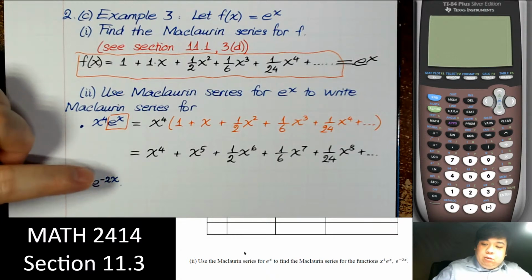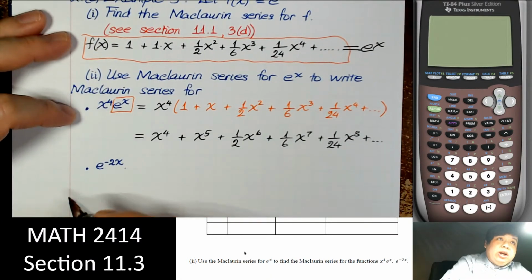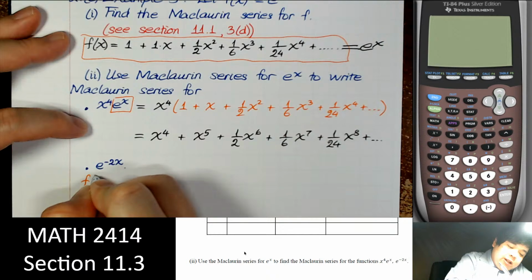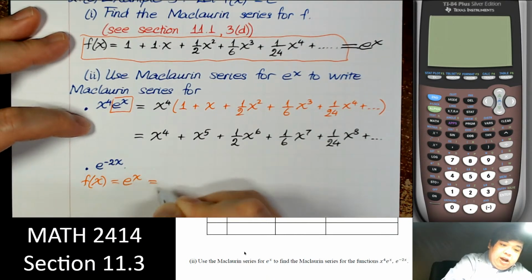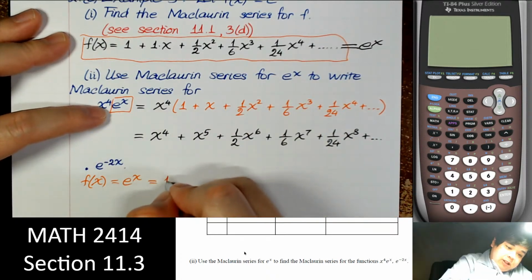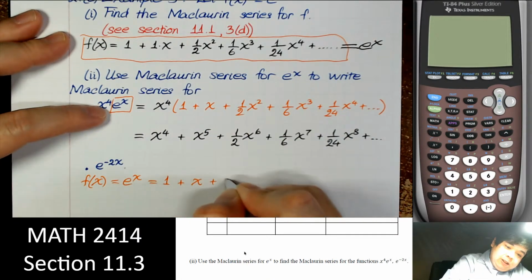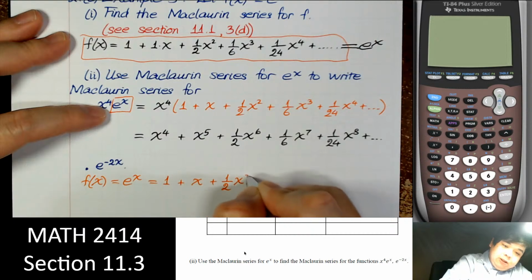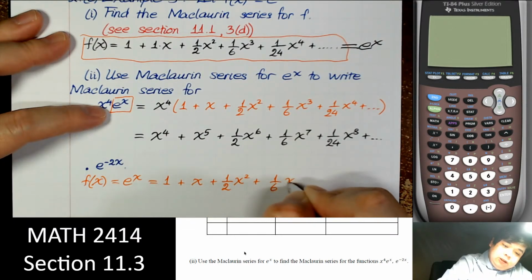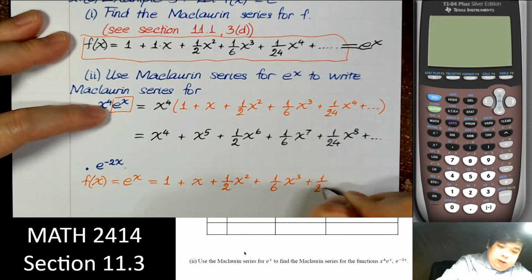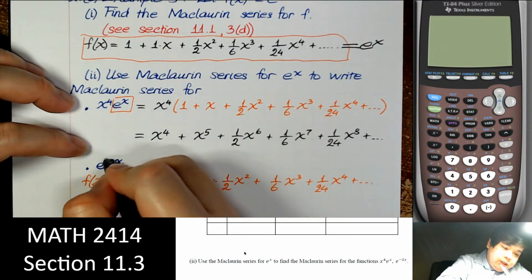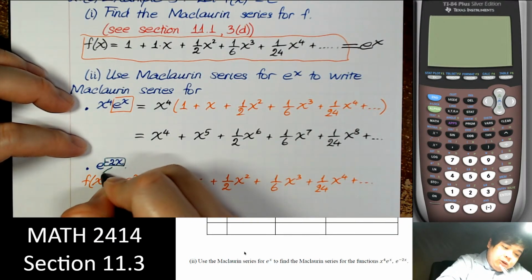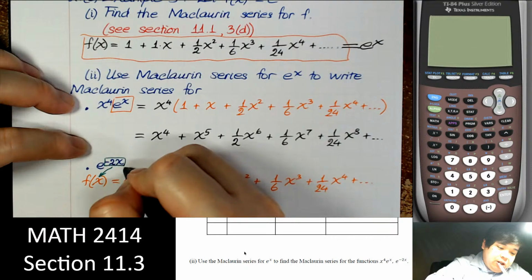Now for e to negative 2x, originally we have, if x is equal to that, I'm just going to copy again. So now what we do is we're going to substitute negative 2x into x, pretty much.